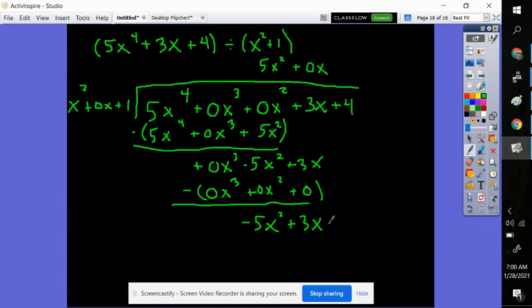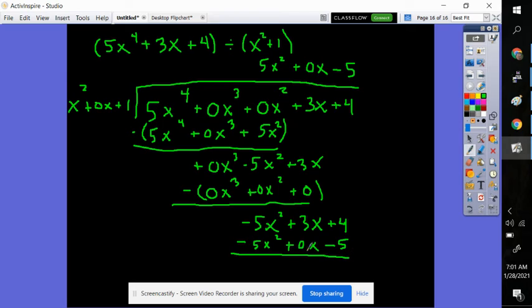But now I'm going to bring down my plus 4. So I'm already kind of at the end of the problem, which is kind of nice. So what times x squared will give me negative 5x squared? Negative 5. Again, all of these zeros are just to try to keep things in alignment for you to be organized. If I distribute that negative 5, then negative 5x squared, plus 0x, and then minus 5.